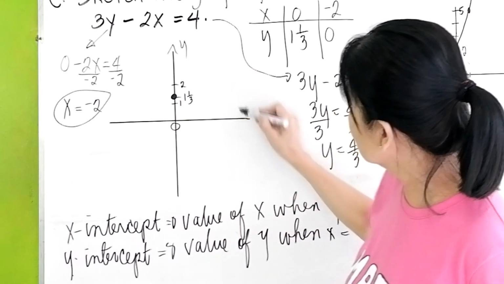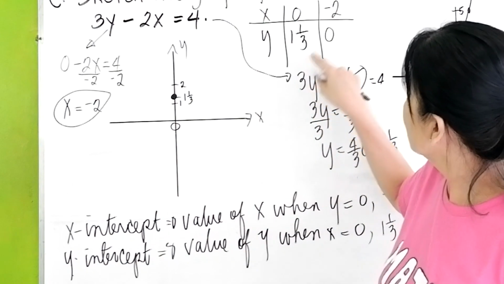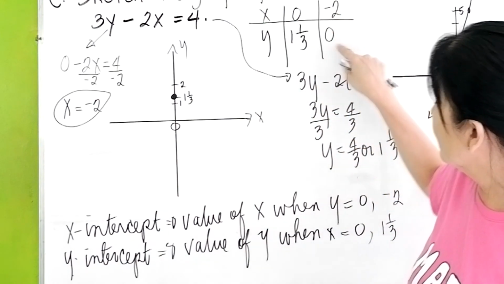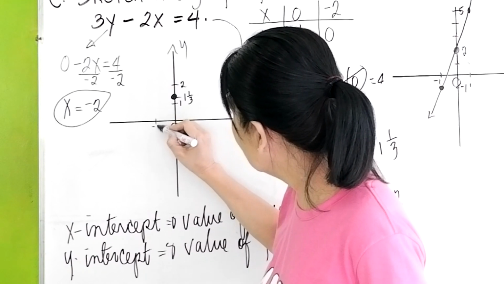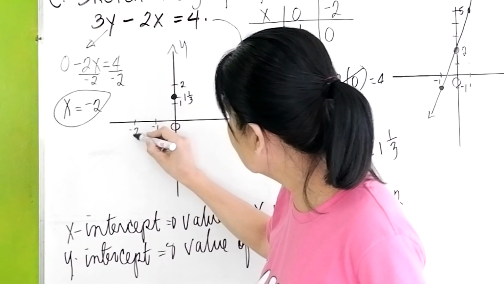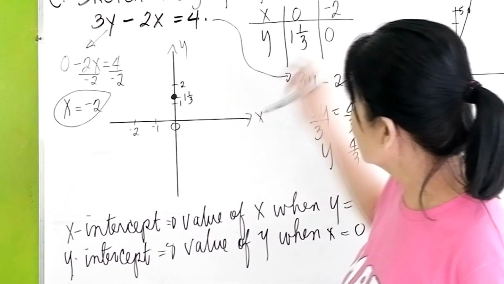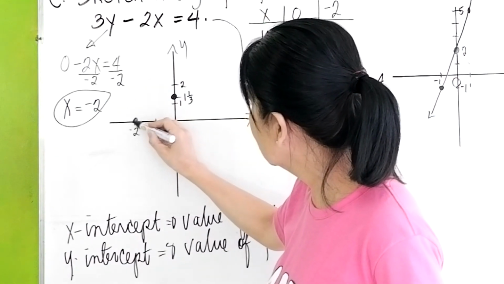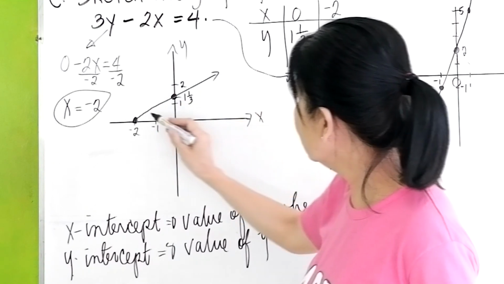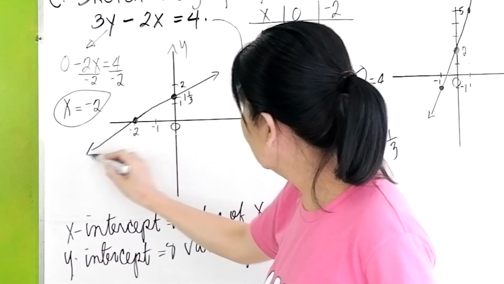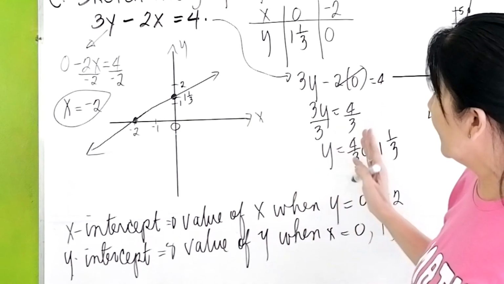Remember, this is the y-axis and this is the x-axis. -2, 0. So when x is -2, say this is -1 and this is -2. -2, 0 will be somewhere here. There. You plot the points. You have here your line.